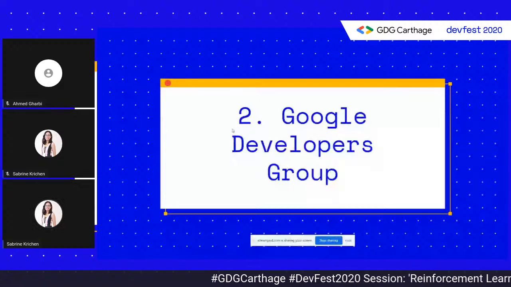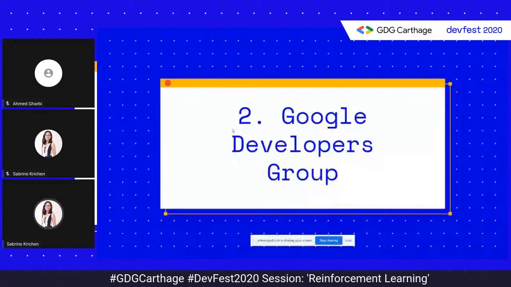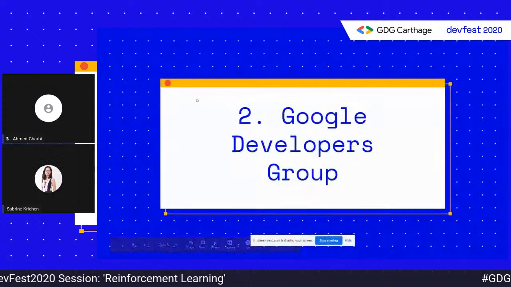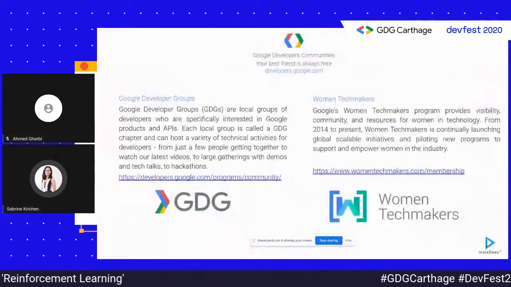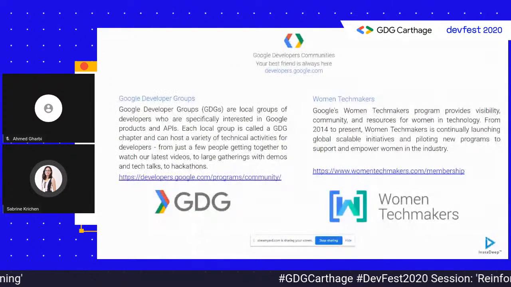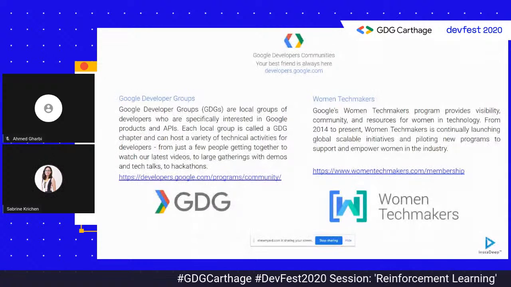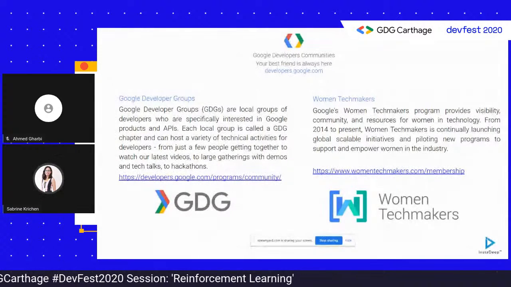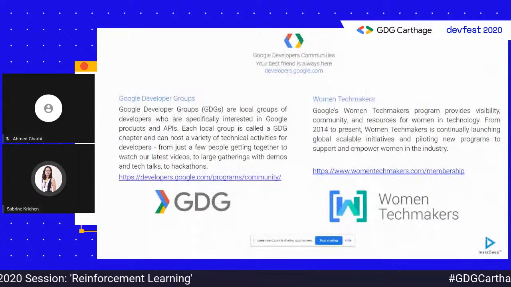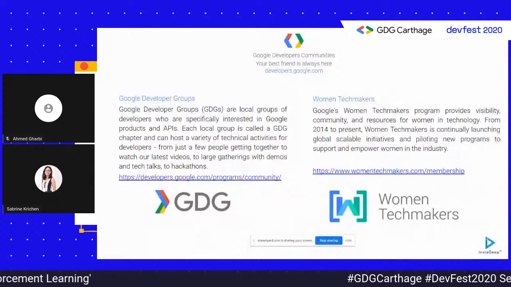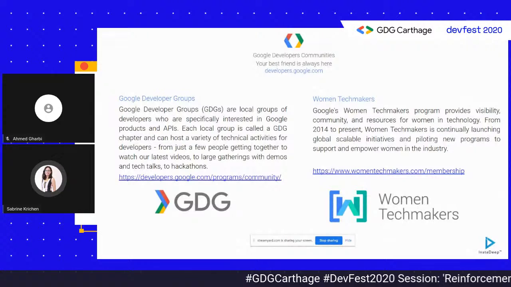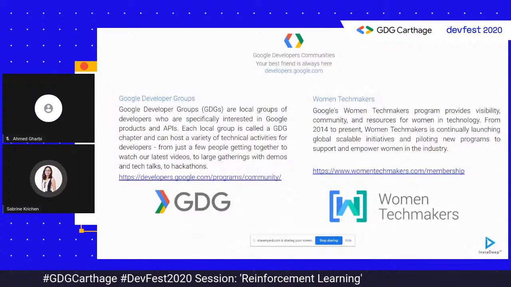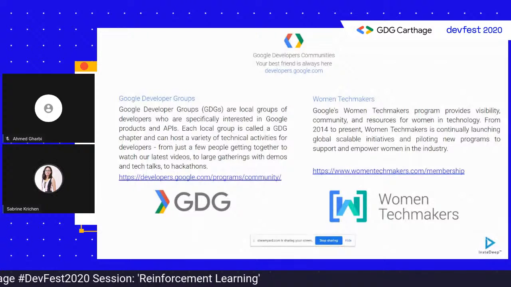Hello everyone. So now I'll be presenting the Google Developers Group. The Google Developer Groups are local groups of developers who are specifically interested in Google products and APIs. So each local group is called a GDG chapter and can host a variety of technical activities for the developers.